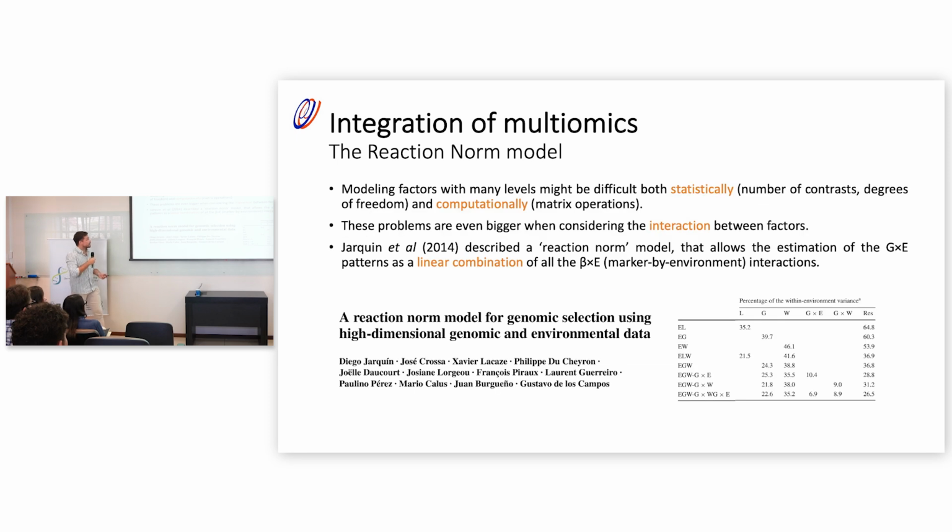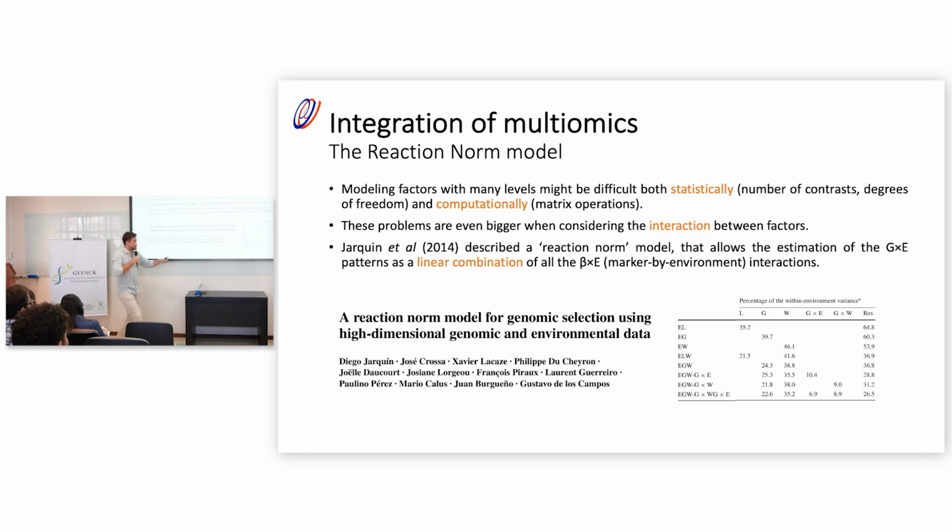So our approach is called the reaction norm. This was a model developed by Diego and collaborators in 2014, and this reaction norm model was designed to deal with the problem of GBI. In that specific dataset, they had genomic information, but they also had environmental information.